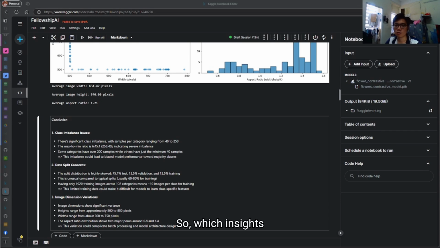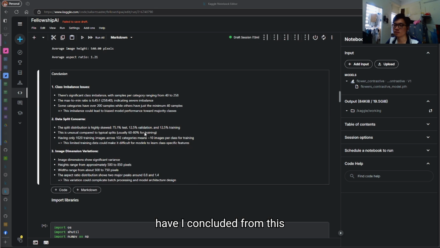Okay, so which insight have I concluded from this data analysis? There's a class imbalance issue, and this imbalance could lead to biased model performance toward majority classes.